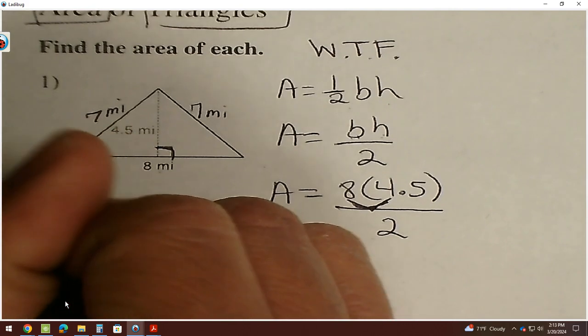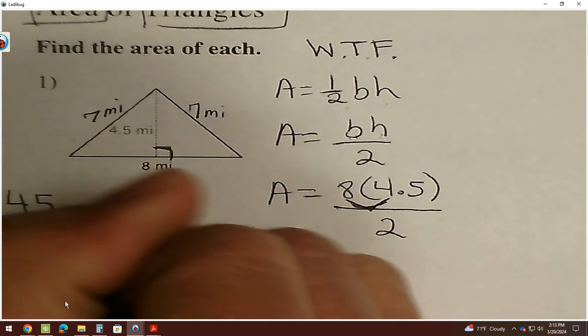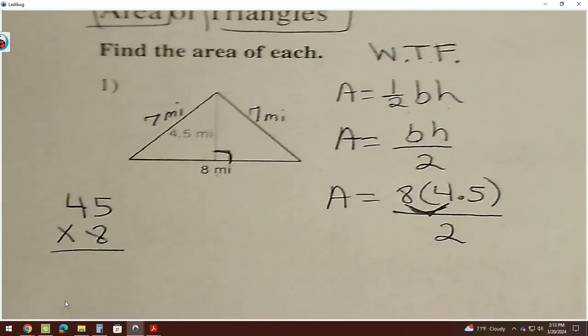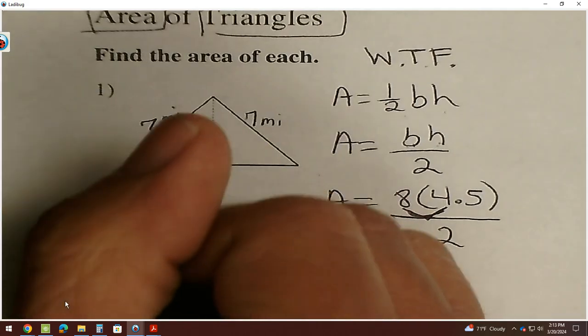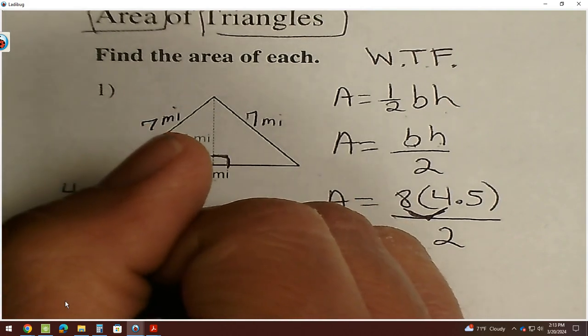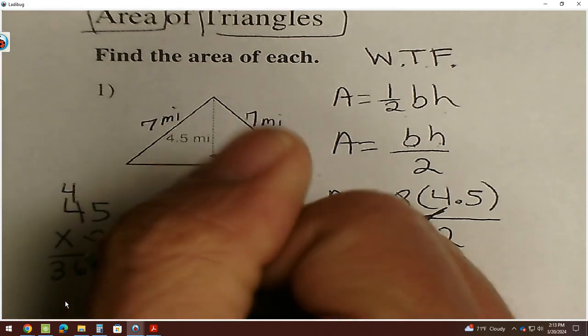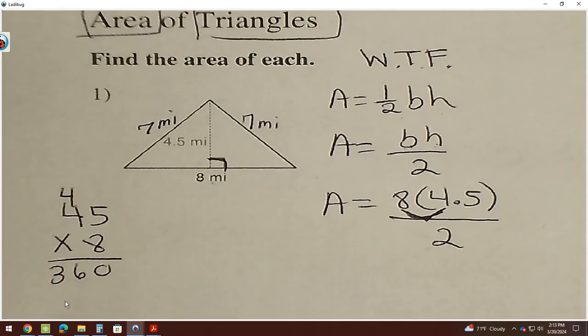So 4.5 times 8. What I told you was to remove the decimal for now, so we can work with whole numbers. 8 times 5 is 40. 8 times 4 is 32, plus a 4, 36. So at this moment, the answer looks like 360.